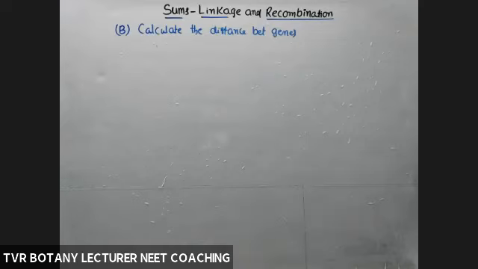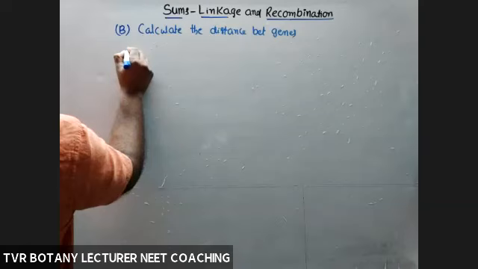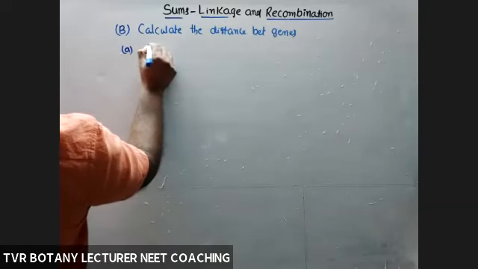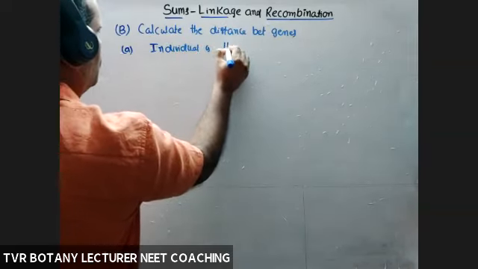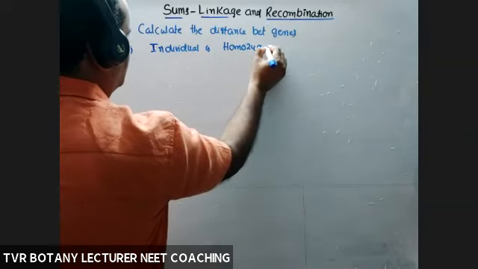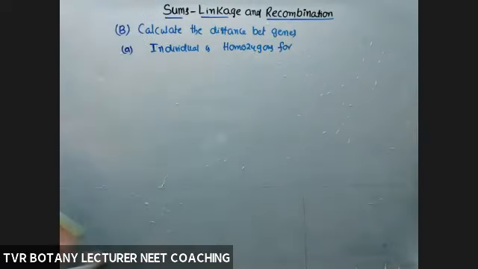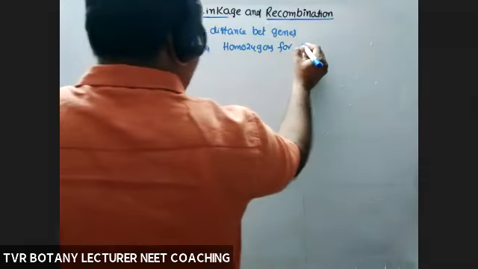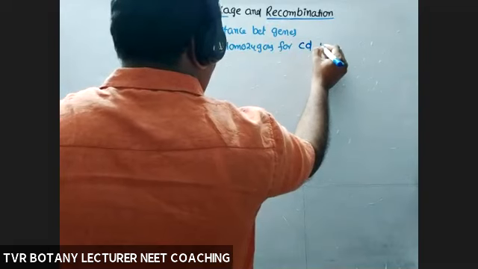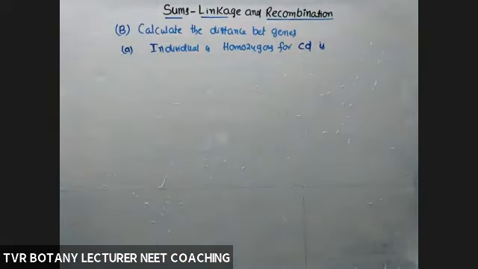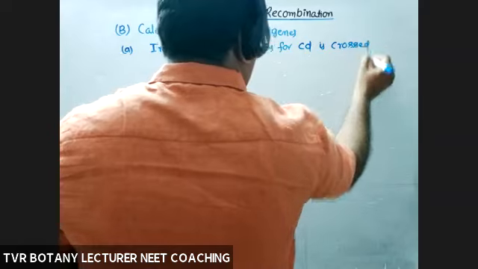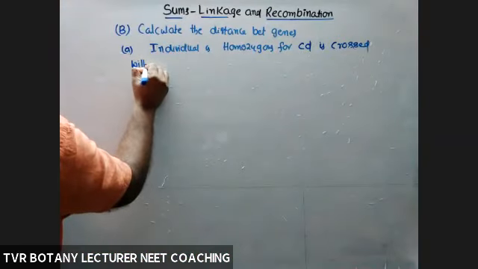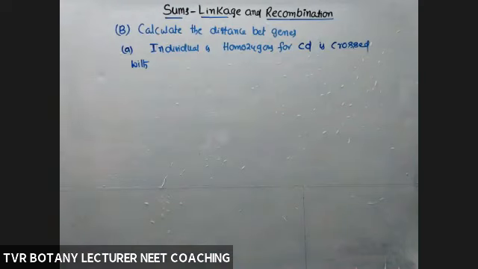Okay, so one question. An individual, or one plant, is homozygous for cd, homozygous for C and D gene alleles, crossed with wild type.